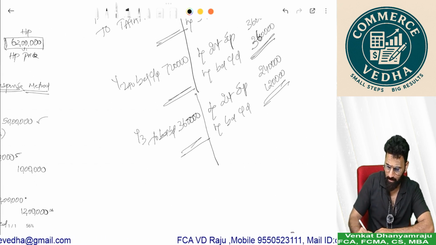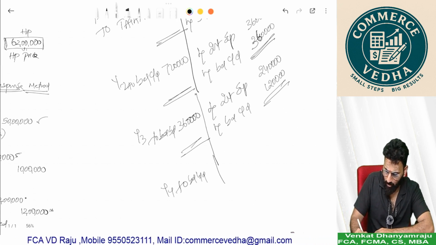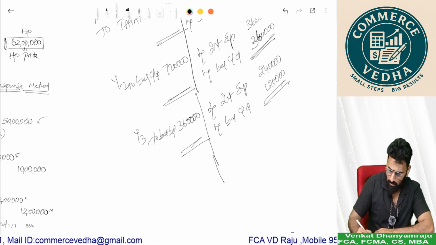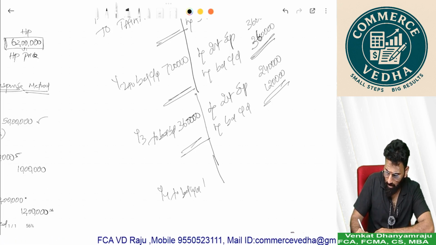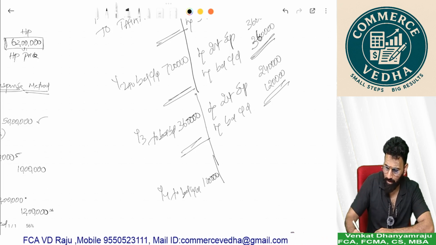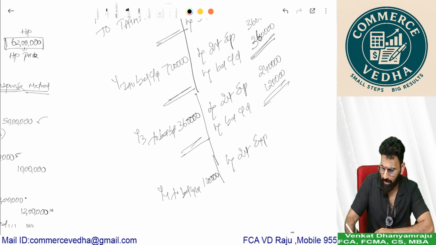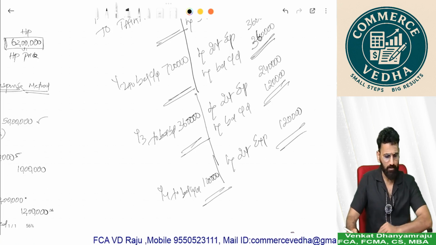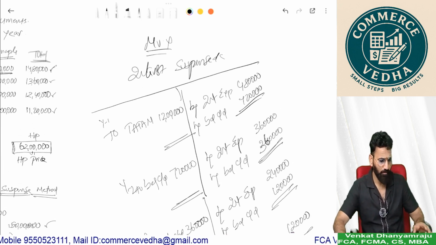And the last year, year 4, to balance brought down 120. By interest expense 120. So this account is 0 at the end of fourth year.